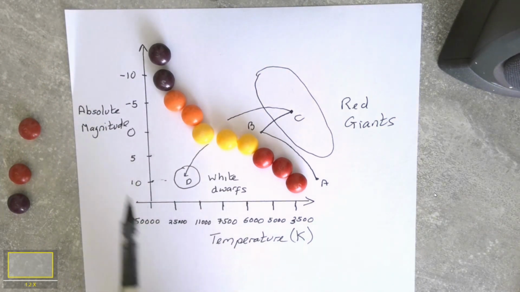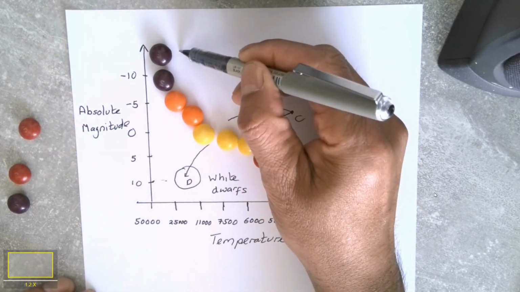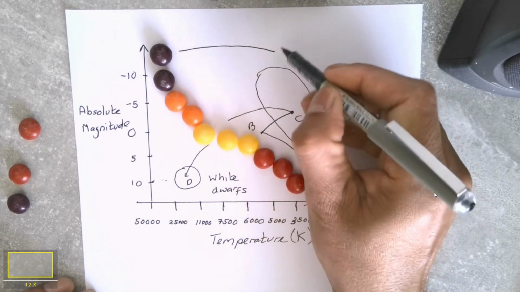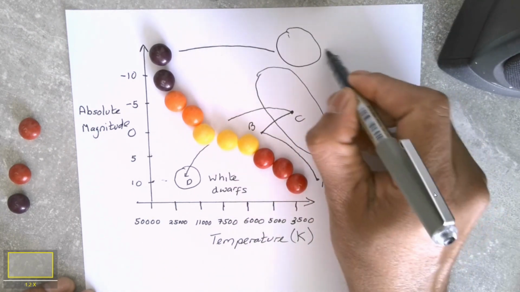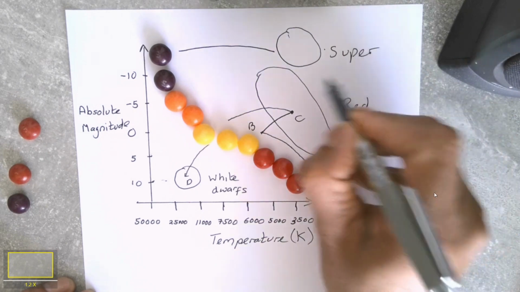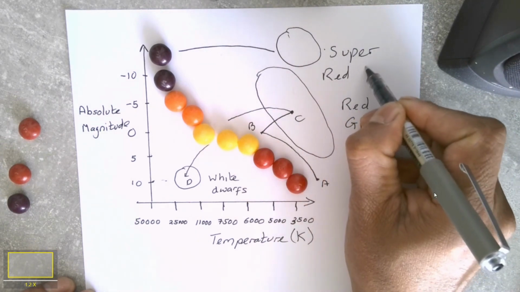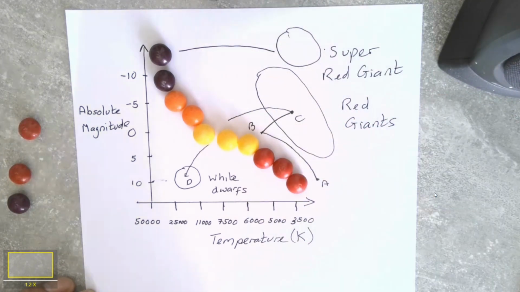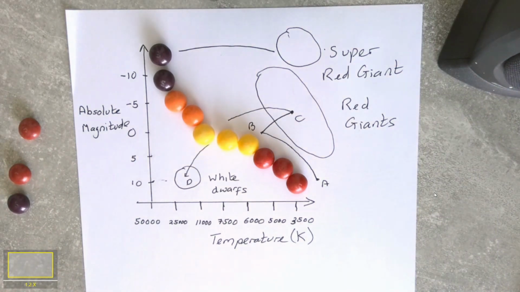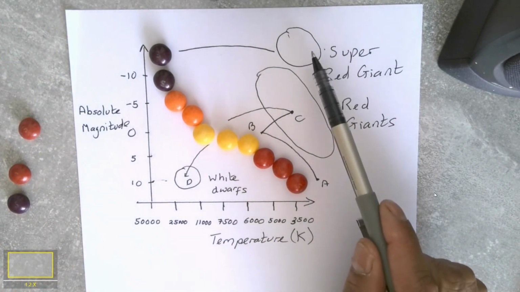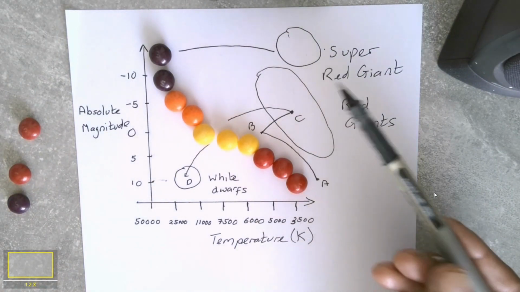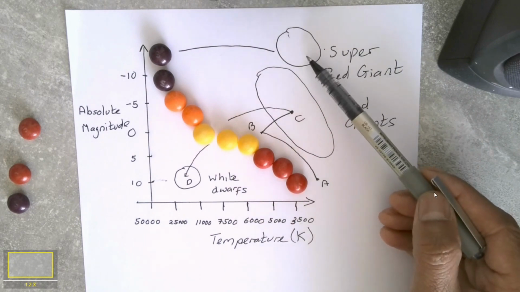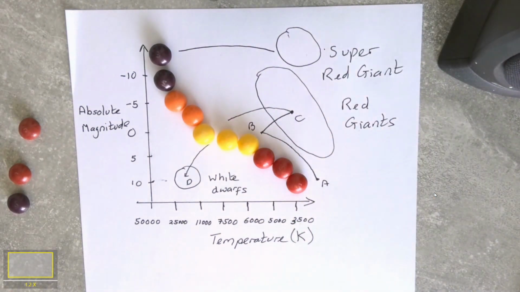Larger stars have a higher temperature and they're brighter, and when they die they would move over to this part of the Hertzsprung-Russell diagram, where there are the super red giants. What would then happen is that the star would go into a supernova, and it would disappear off the diagram.